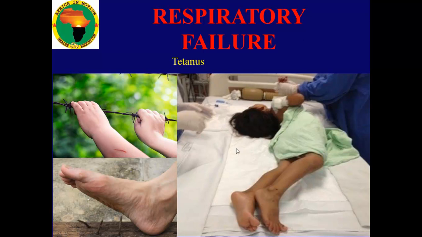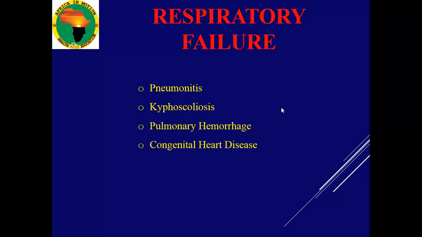So it will cause paralysis, because the bacilli of tetanus secrete toxins that are responsible for paralysis. So if the paralysis reaches the muscles of respiration, then it might even kill the patient.